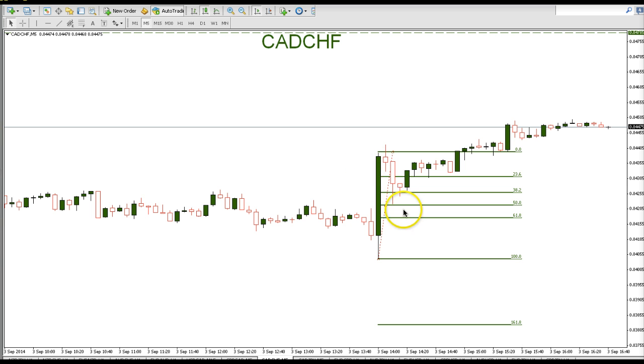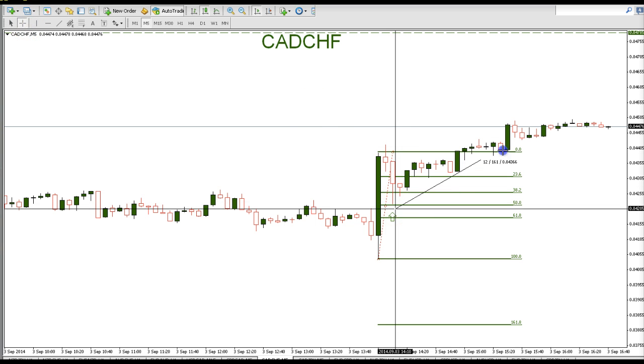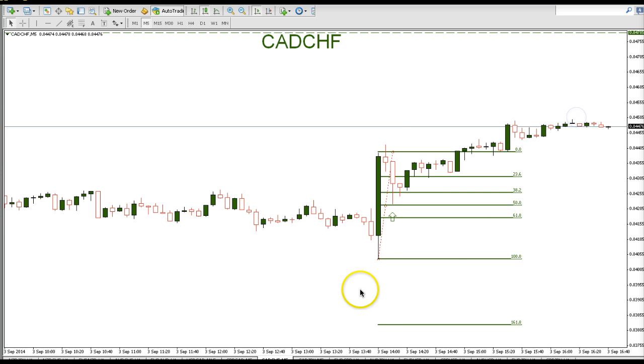Wait for the market to retrace down to, and on this pair, notice price came down almost exactly to 50% retracement. That's the entry. Stay in for a minimum of 2 hours. And so far, Canadian Swiss put in 29 pips.